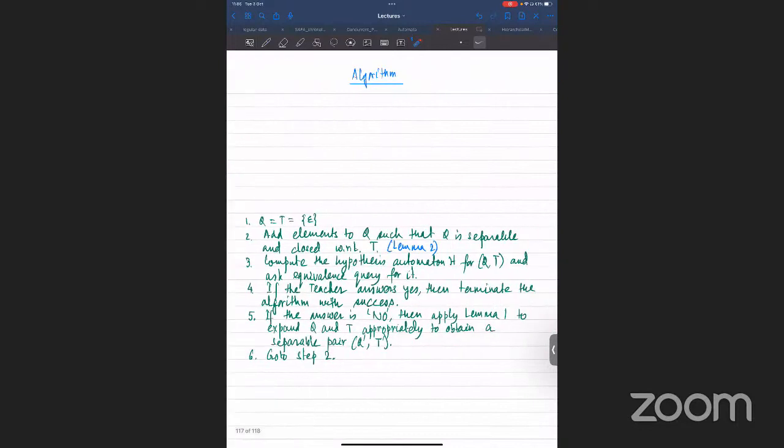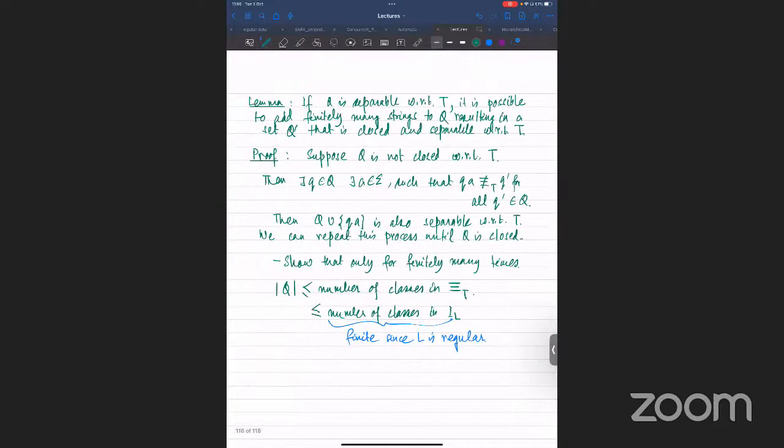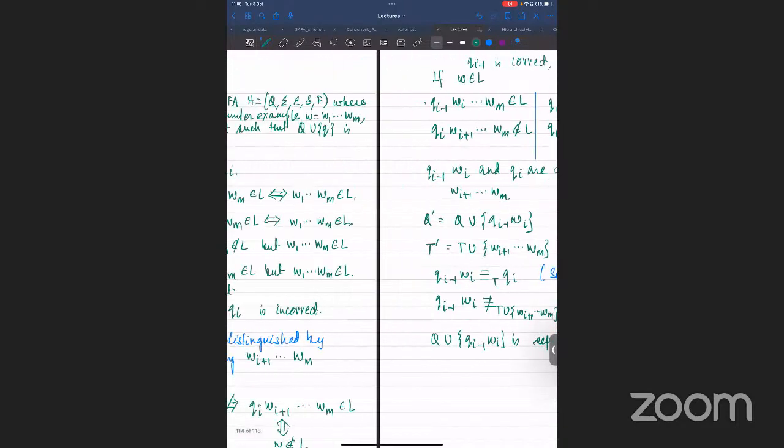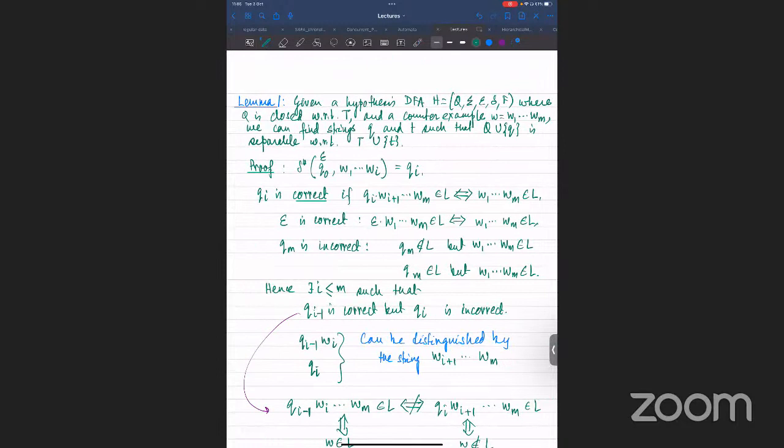Okay. So now I will just give you the intuition, and then we'll look at this algorithm, and then we'll end, and in the next lecture we'll look at an example. So what does the L star algorithm do? So we looked at two things. One is an equivalence query. If you do the equivalence query, and if it is not that automaton that you are looking for, the teacher gives the learner a counter example.